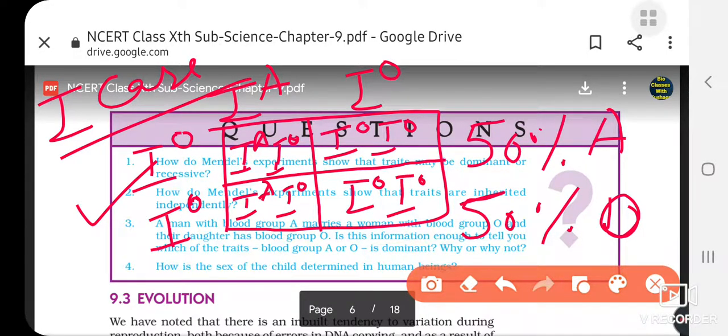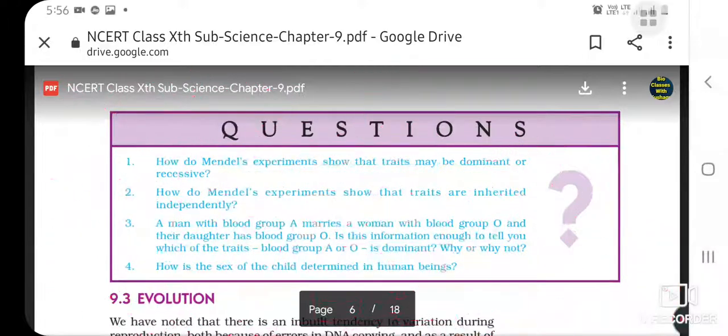Now in the second case, let us assume that O is dominant, because they have not told us which one is dominant. We don't know which one is dominant. The fact is that in presence of A, O is never expressed. So this information is incomplete in the question.